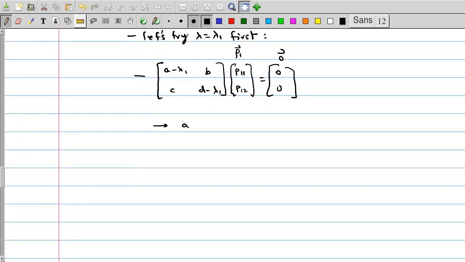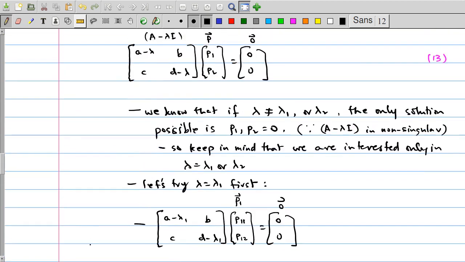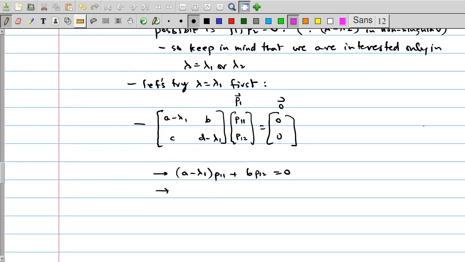So it's going to be a minus lambda 1 times p11 plus b p12 equals 0, and let's give these numbers, 14.